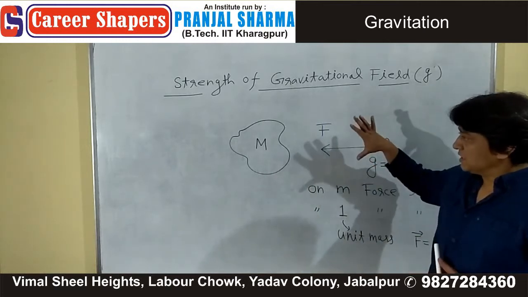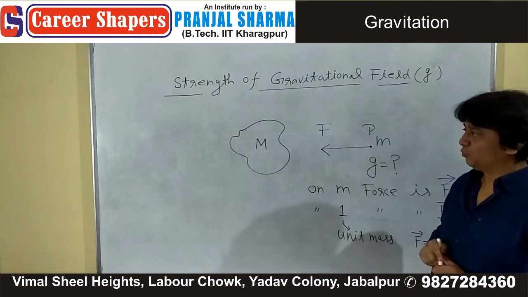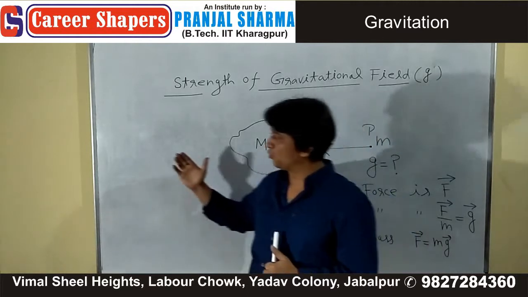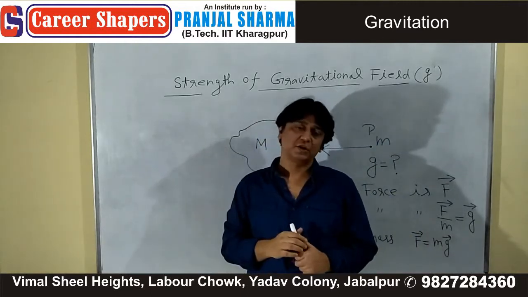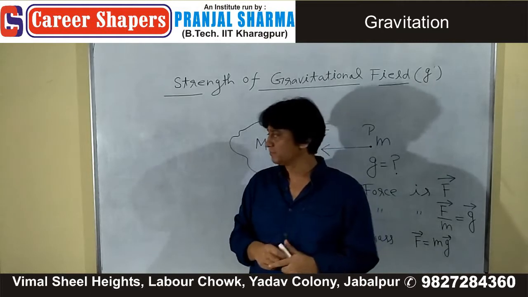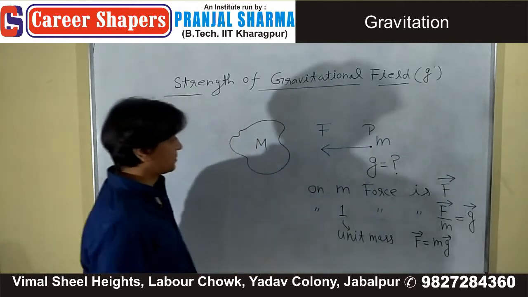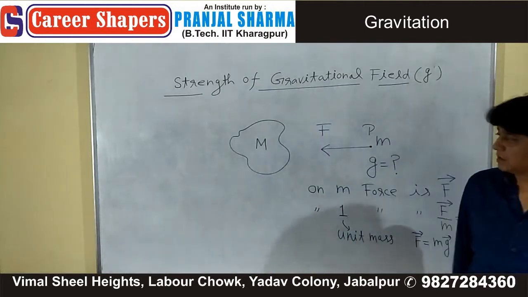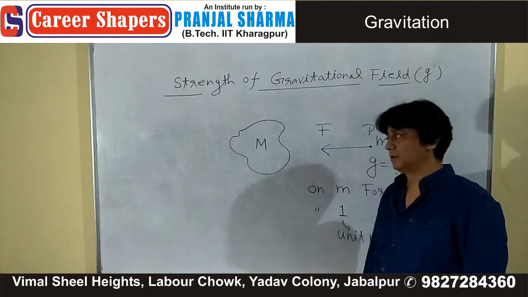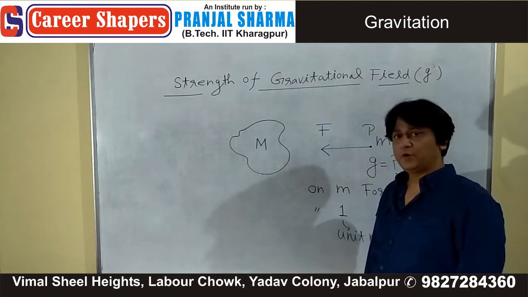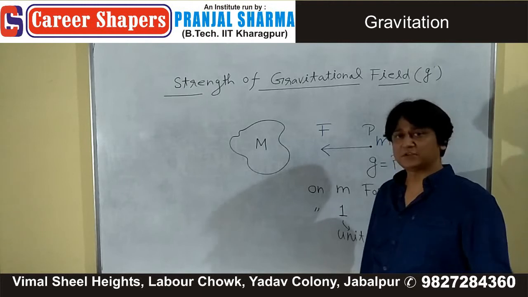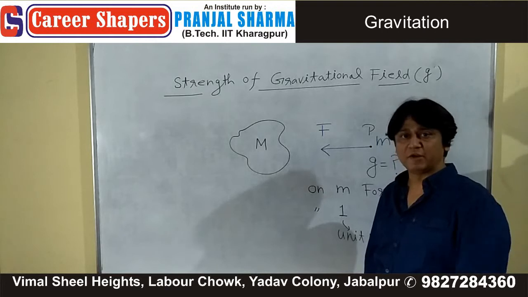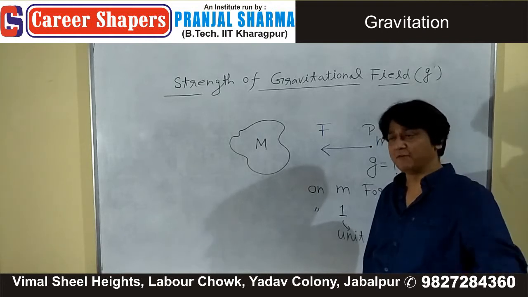Now, to understand the meaning of this, we'll take a simple example, and that simple example is what? We will find gravitational field strength of a point mass. Write down this. Find out gravitational field of a point mass. When I say gravitational field, it means strength of gravitational field, or intensity of gravitational field, or acceleration due to gravity.